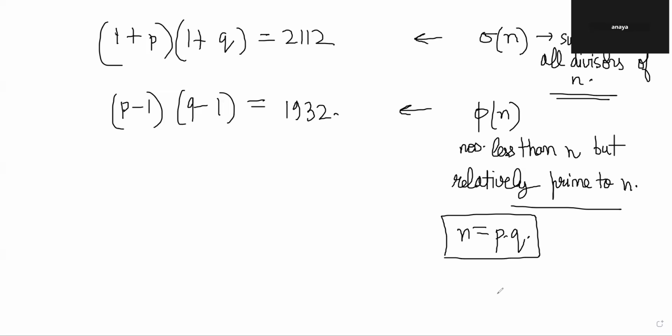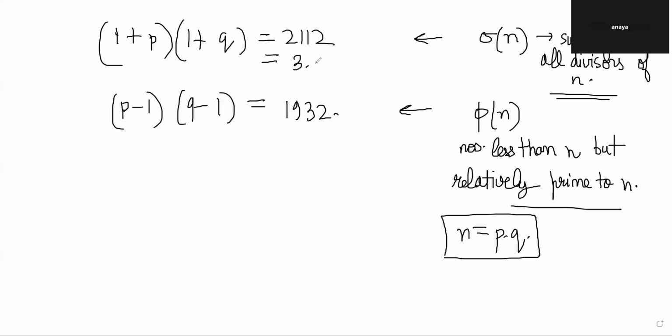So 1 plus p times 1 plus q, let's factorize 2112. 2112 is divisible by 3 also. So 3 into 704. 704 is, I think, divisible by 64.